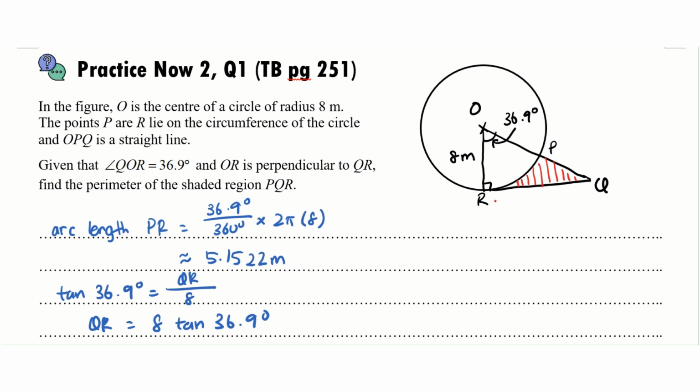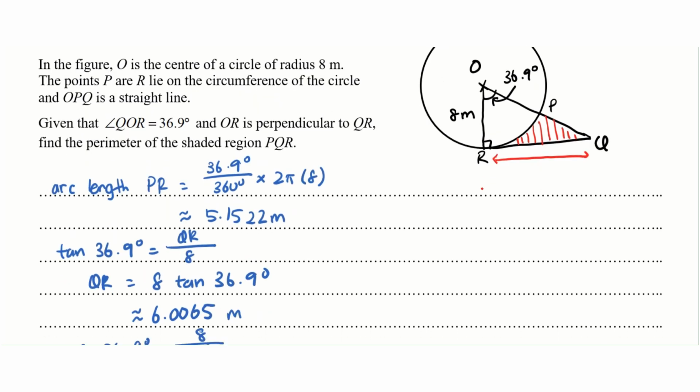Next, we find the length of QR by observing that triangle ORQ is right-angled, so we apply trigonometry. Tangent 36.9 degrees equals the opposite side QR over the adjacent side 8 meters. So QR is 6.0065 meters in truncated 5SF.